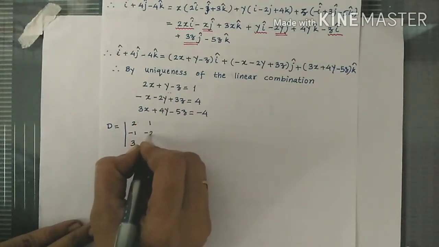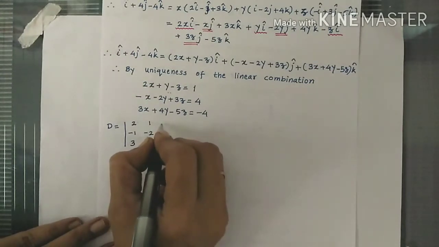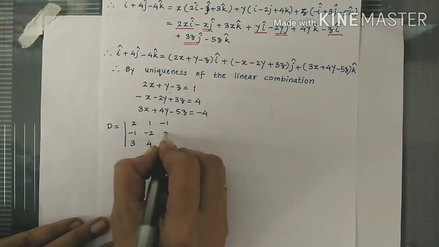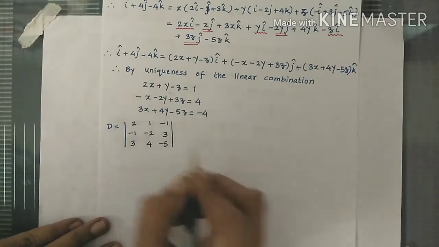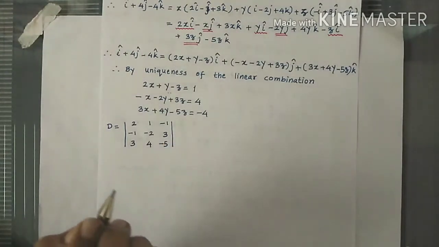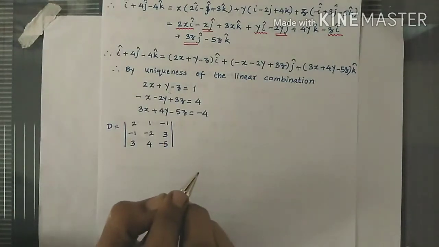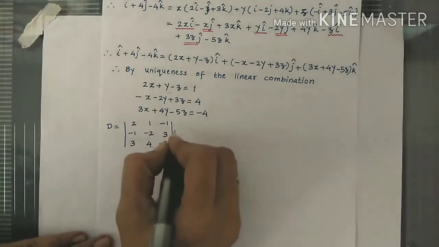Those are 1, minus 2, 4. And the coefficients of z are minus 1, 3, minus 5, which is our third column. So let's solve this determinant D first. Then we will write Dx, Dy, Dz. And x is Dx by D, y is Dy by D and z is Dz by D.